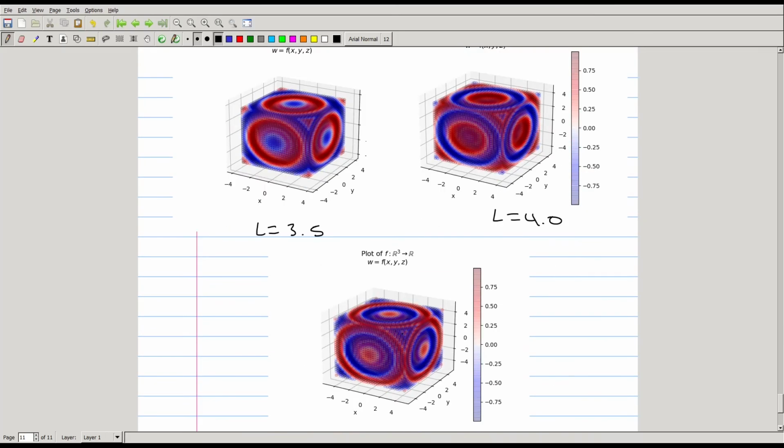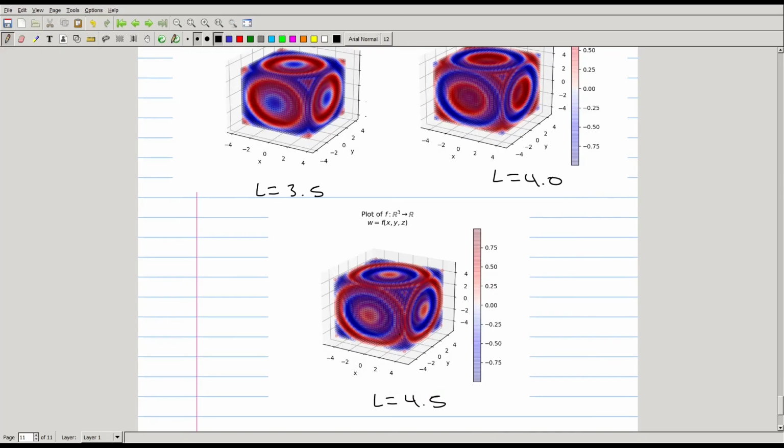The point of all this is to show that even in 3D, the function behavior very heavily depends on the level surfaces. And sure enough, as we increase from that sphere that bounds the domain of this function, it's just increasing, decreasing, increasing, decreasing, just like we would expect for a sine function.